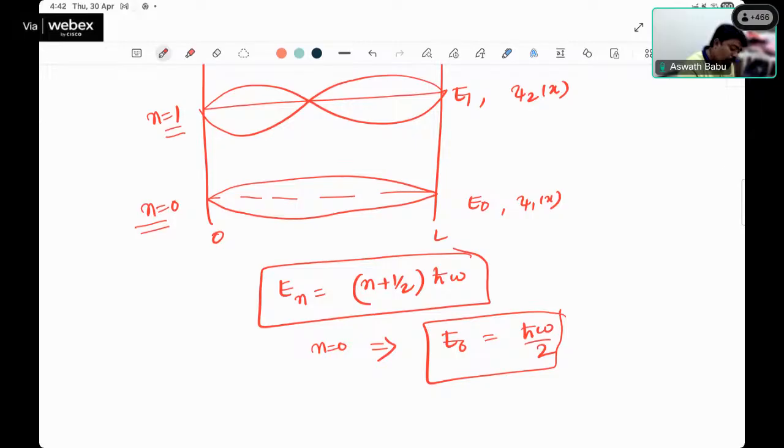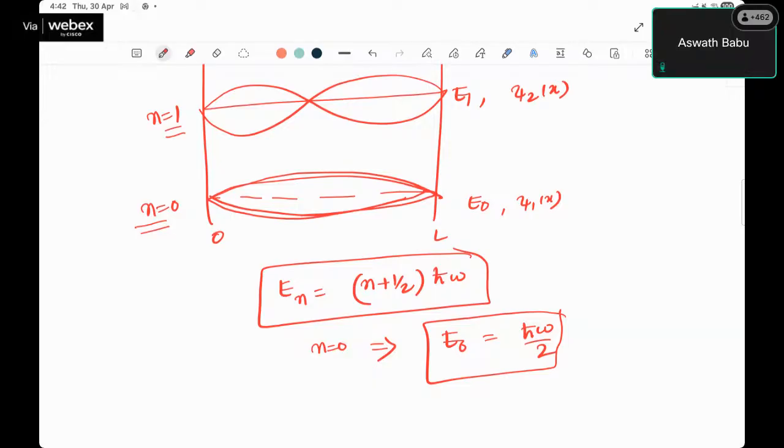fluctuations. What kind of fluctuations? Electron can vibrate or create a wave which has a wave disturbance, something like this. Okay, right? It means there is no way you can put the ground state energy of the system in such a way that there is no disturbance in the system. That is impossible.